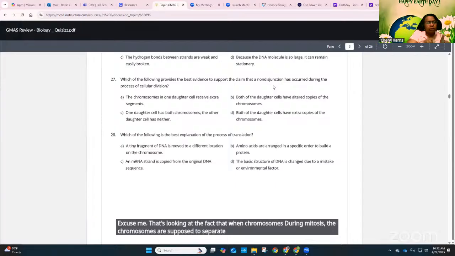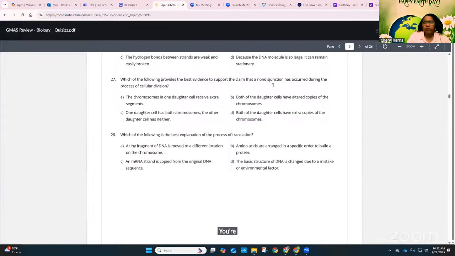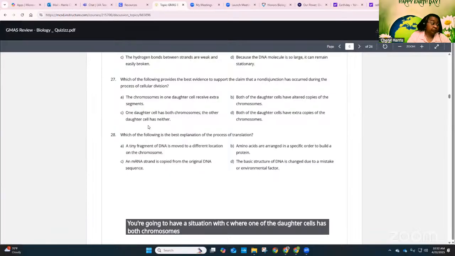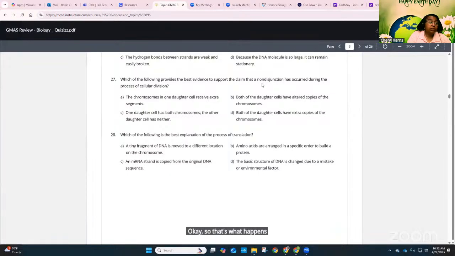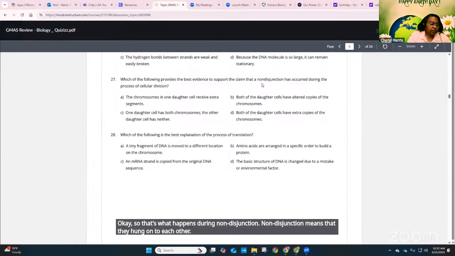If they don't separate and they stay together, you're going to have a situation with C where one of the daughter cells has both chromosomes and the other one has none. Okay, so that's what happens during non-disjunction. Non-disjunction means that they hung on to each other and they didn't separate.